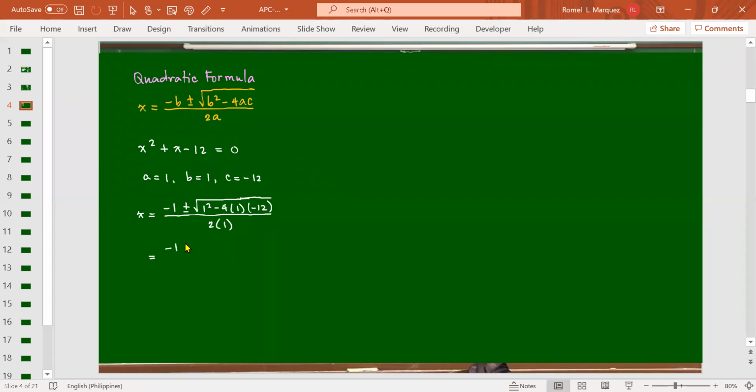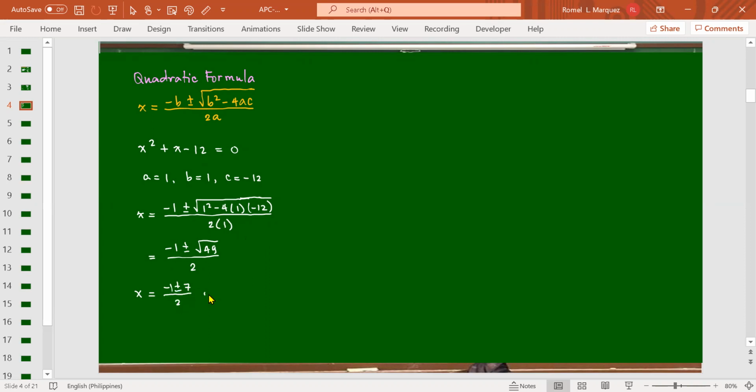So getting negative 1 plus or minus 1 plus 48, that is 49, so square root of 49, all over 2. So x therefore is equal to negative 1 plus or minus 7 all over what? All over 2.